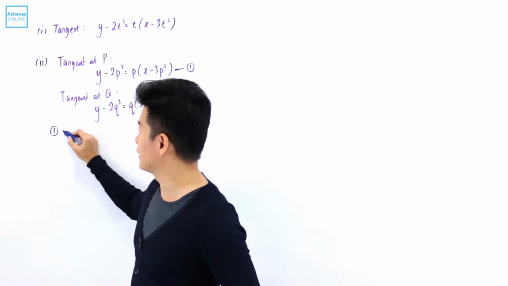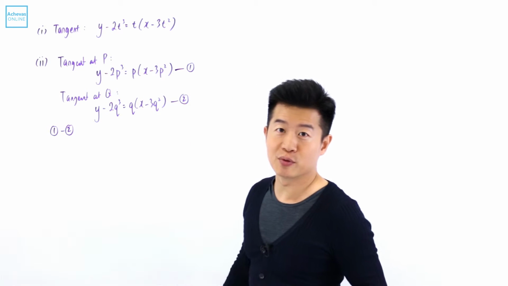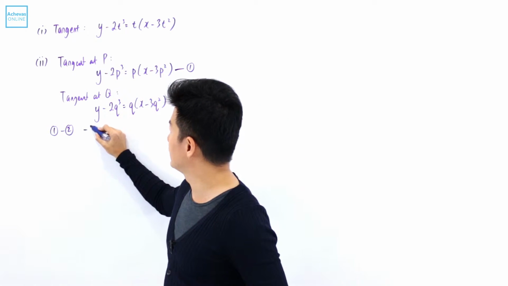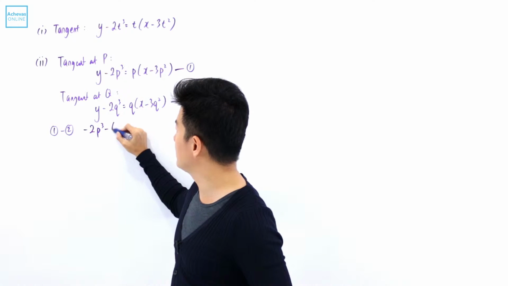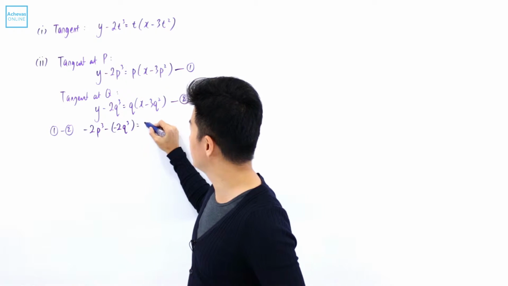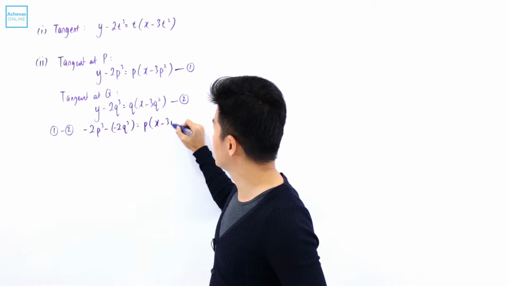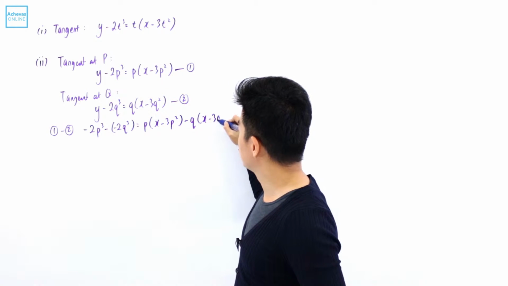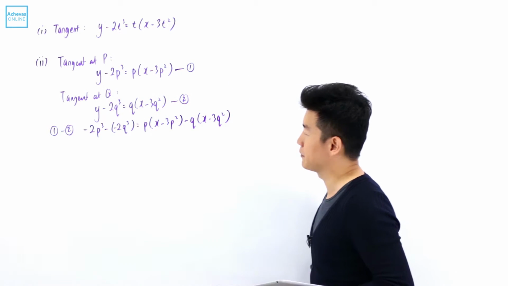I'm going to take equation number 1 minus equation number 2, to get rid of y. So what I have is minus 2p to the power of 3 minus, minus 2q to the power of 3. This is px minus 3p squared minus, qx minus 3q squared.